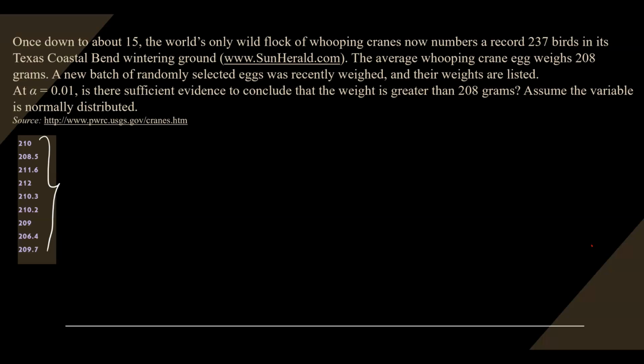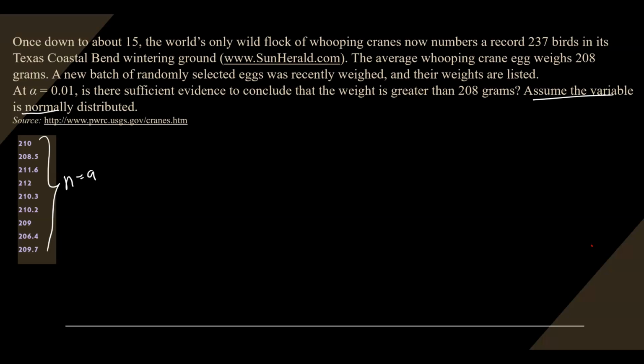Okay, so we have here few eggs. I see here n equals 9, right? So being a small number, we need to know whether this is a normal distribution or not, and this is what they tell us: assume that it is normal. Fantastic. So what is the parameter that we're talking about here?